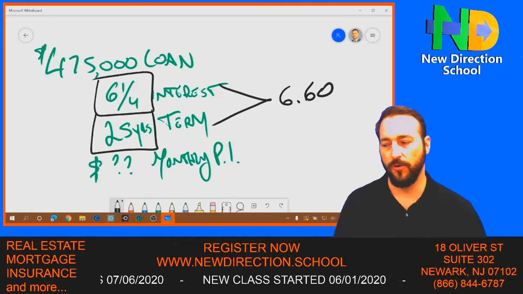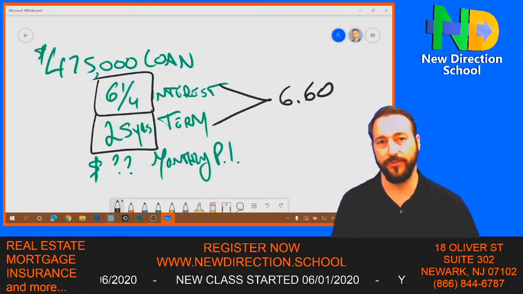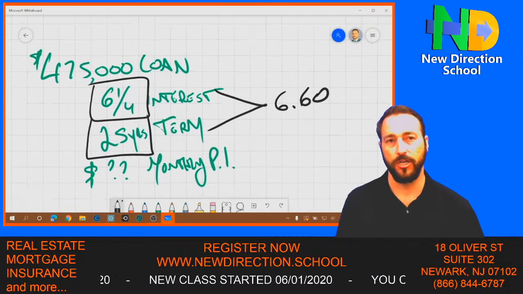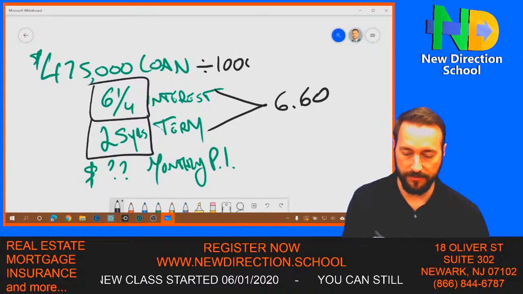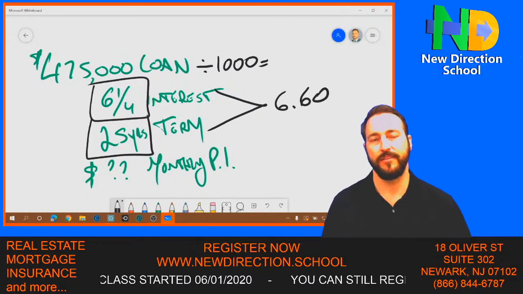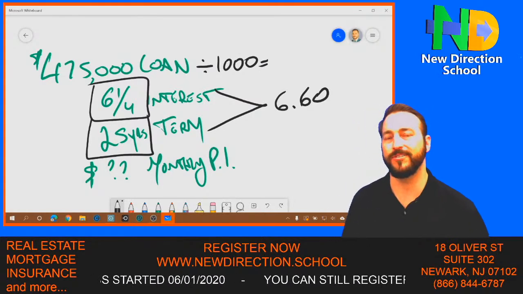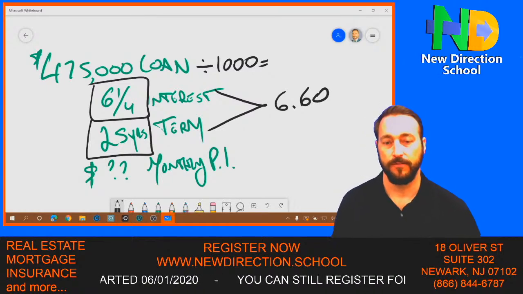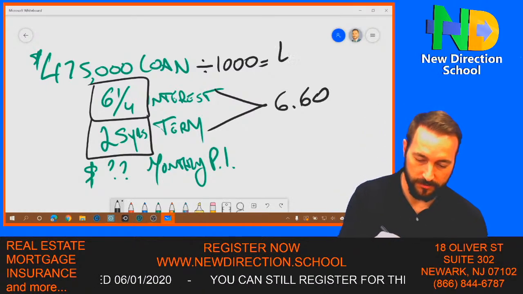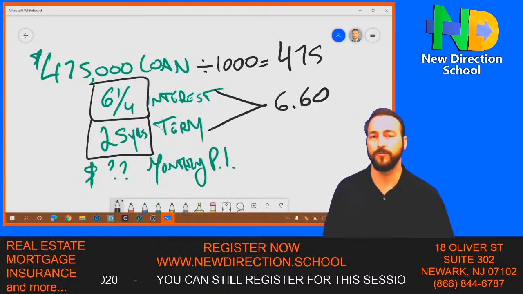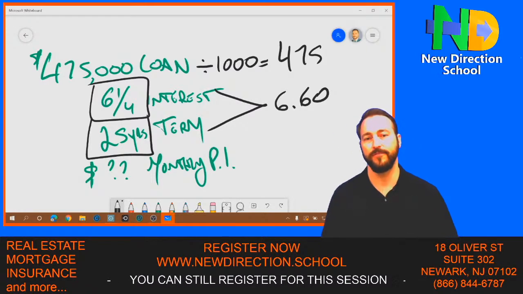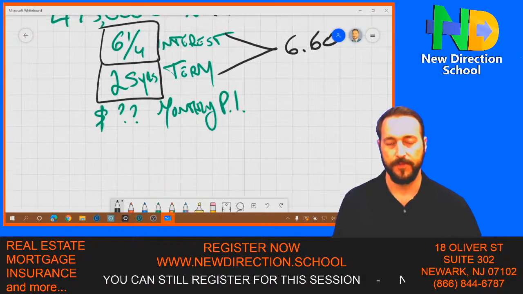The next thing you know from this chart is that it's per thousands. So the loan, we need to divide by 1,000. How many thousands do we have in 475,000? We have 475. So now that we reach 475, what do we have to do?